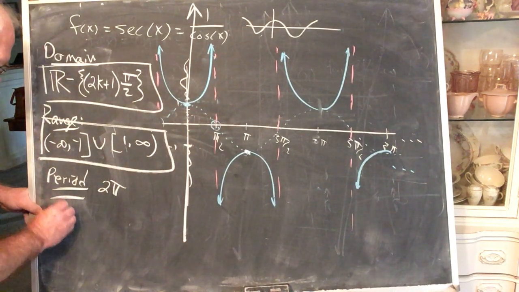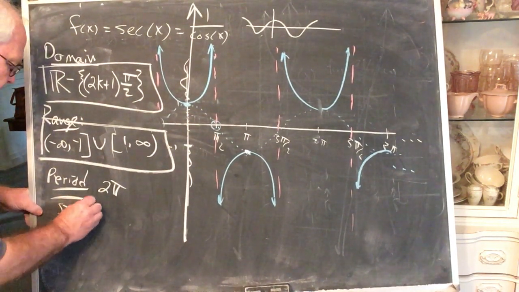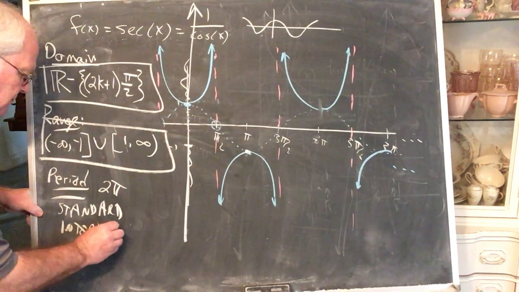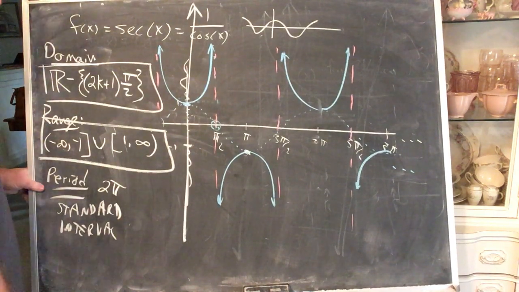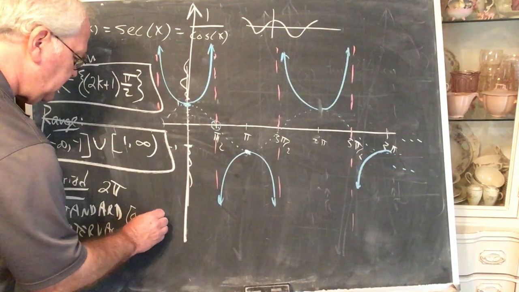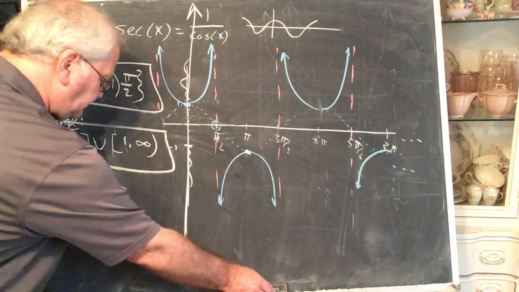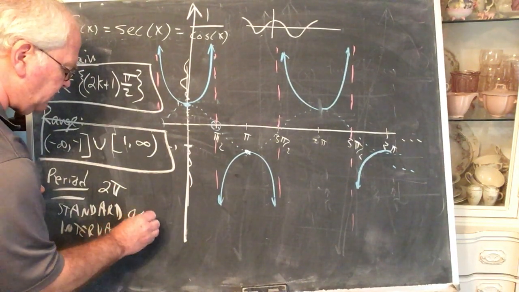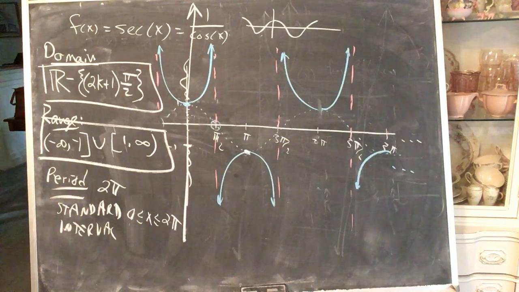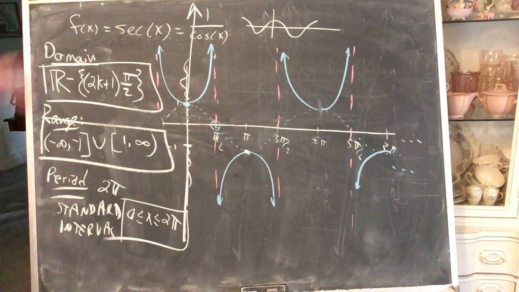And then the standard interval is the same as it is for cosine. The standard interval is 0 less than or equal to x less than or equal to 2 pi. So those are the basic facts for the secant curve, and then what we'll do next is we'll come back and just display all of them in much quicker fashion for the cosecant curve.